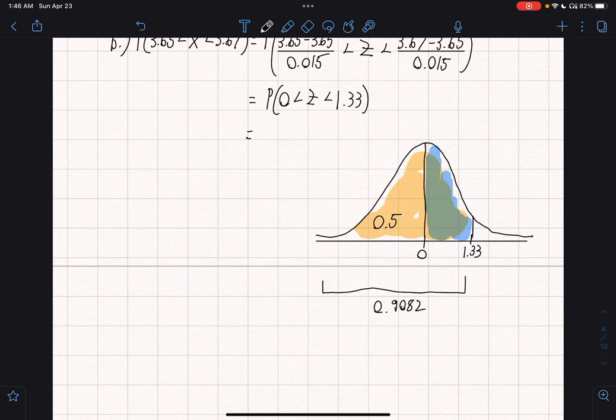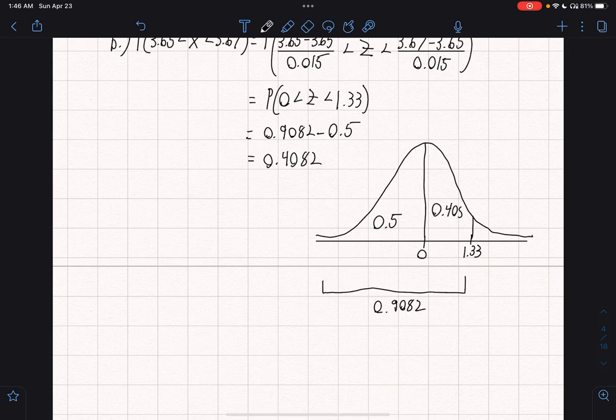So I'll take my 0.9082 minus 0.5, and I get 0.4082. Okay, let me clean this up just a little bit. So this is 0.4082, because the 0.5 plus the 0.4082 must be the 0.9082.